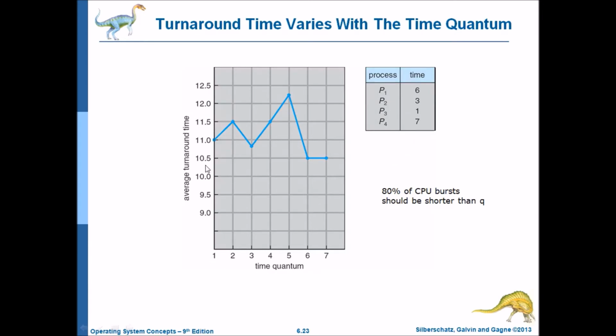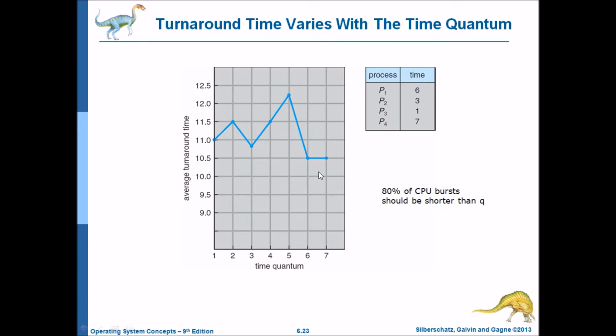When the time quantum is 1, we get an average turnaround time of 11; with a time quantum of 2, we have 11.5; with 3, somewhere around 10.8; with 4, 11.5; with 5, 12.3; and when the time quantum is 6 and 7, it sticks to 10.5.